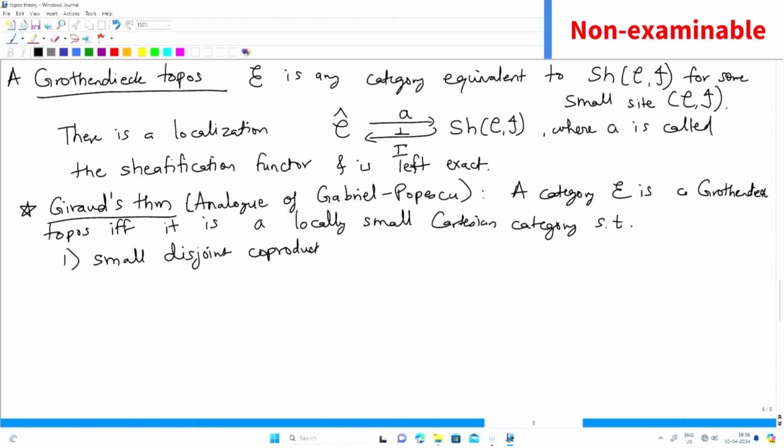Disjoint coproducts means that whenever you take two different objects, their intersection has to be 0 in the subobject lattice of the coproduct. Small disjoint coproducts exist and are stable under pullbacks.